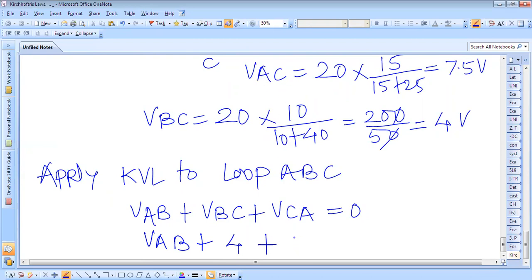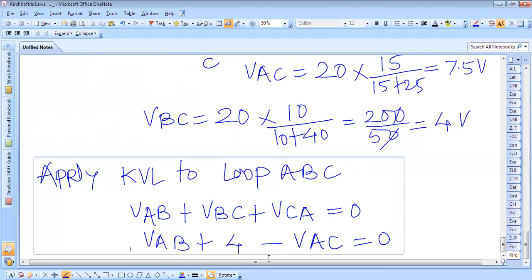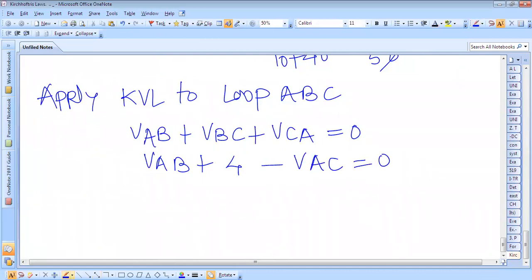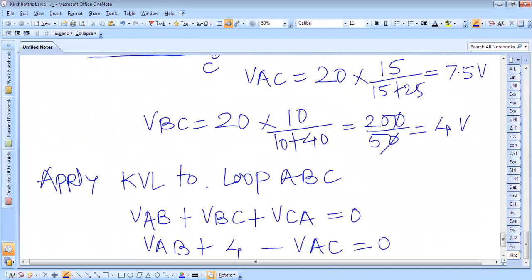So we have to write here a minus sign, minus VAC, because we have the VAC voltage. But as per Kirchhoff's voltage law, it should be VCA. Therefore, we can write like this. And therefore, VAC is, how much is the voltage? VAC is 7.5 volt.